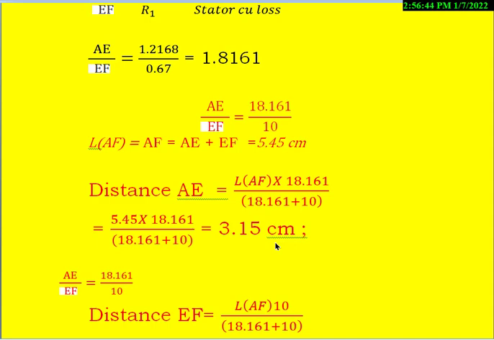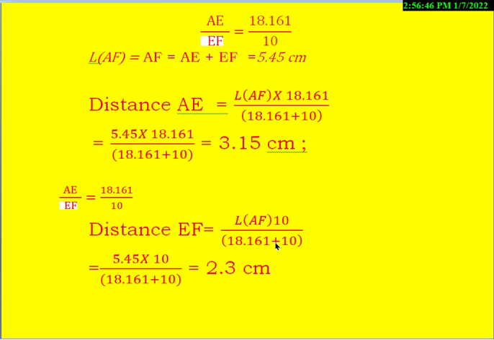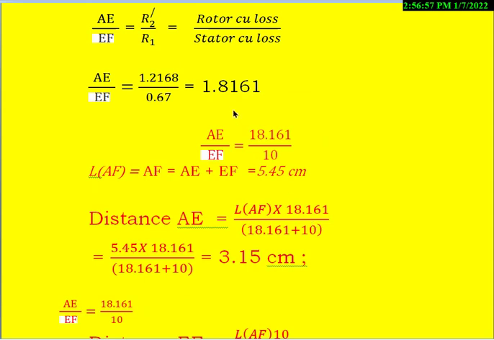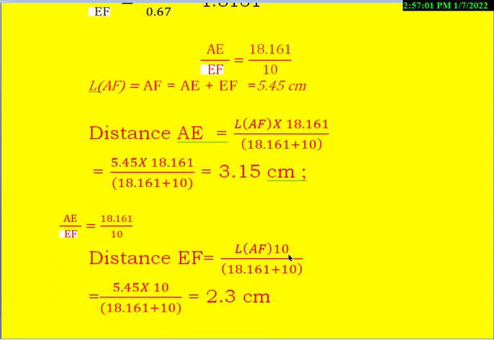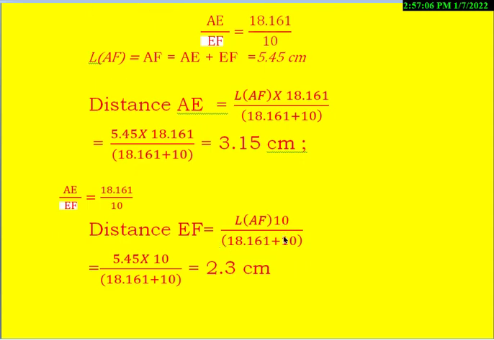So once we know this distance, then we can calculate the EF distance, which represents the stator copper loss, as AF into, corresponding to stator, 10, divided by, as usual, we add both the fractions, 18.161 plus 10. Then we get 2.3 centimeters.